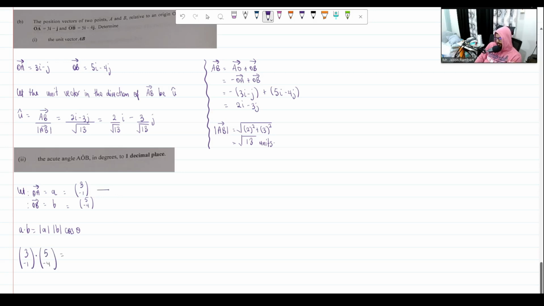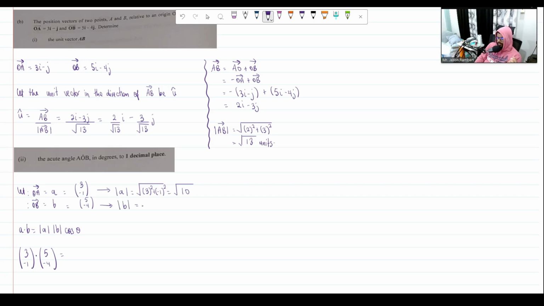From here, I can get the size of A, which is equal to the square root of 3 squared plus -1 squared, which is 9 and 1 is 10. I am not going to simplify it down.